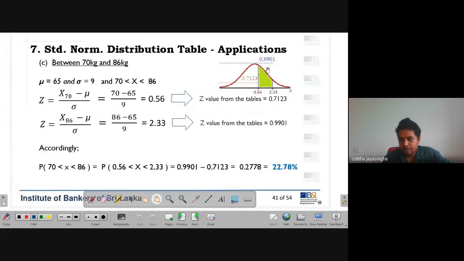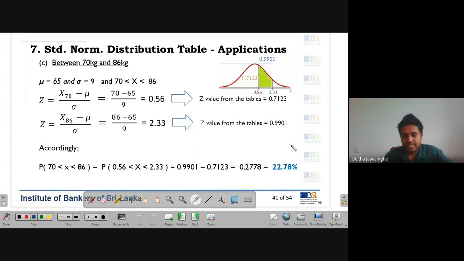If you know both values, these areas could be added, deducted, and anything could be done. So if you have been asked for the values in between, that means your value has to be in between these two Z values or in between these two probability ranges. That means this area under the curve is going to be the negation of these two values.